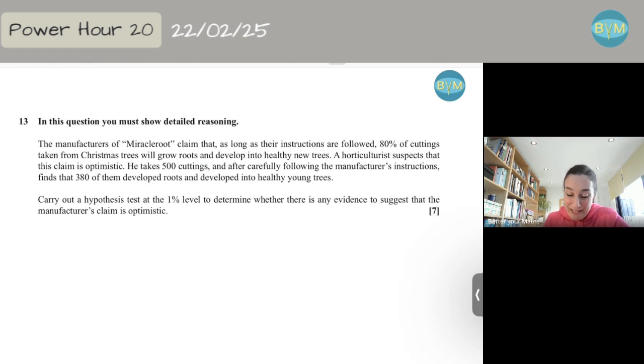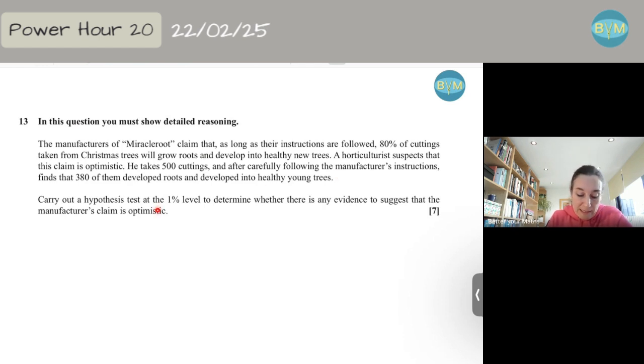A horticulturist suspects that this claim is optimistic, and he takes 500 cuttings, and after carefully following the manufacturer's instructions, finds that 380 of them develop roots into healthy young trees.